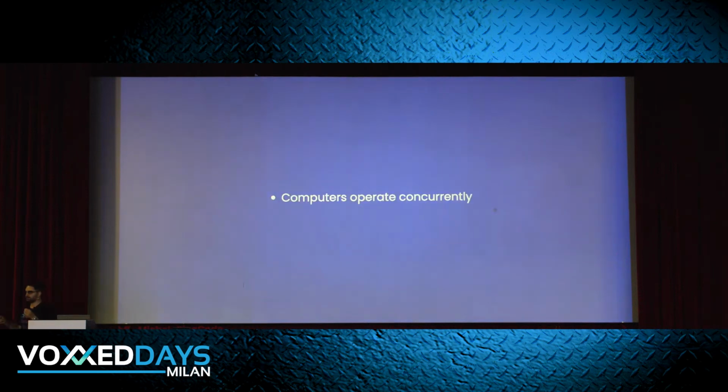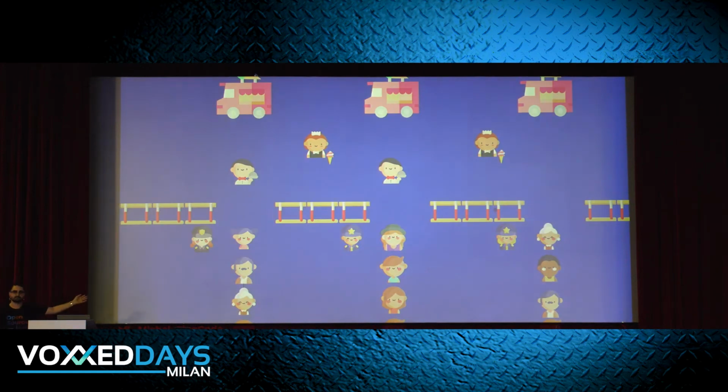But to call a system distributed, we need to specify 3 different rules. First rule is computers operate concurrently. So this is the case. We have ice cream truck number 1, which operates independently from ice cream truck number 2 or number 3. We have waiters and waitresses that are like the message broker in our architecture, that operate again independently.